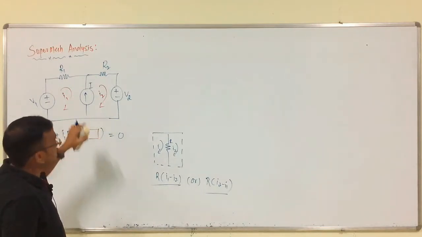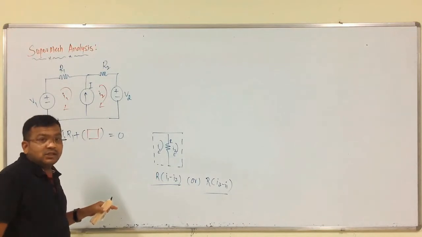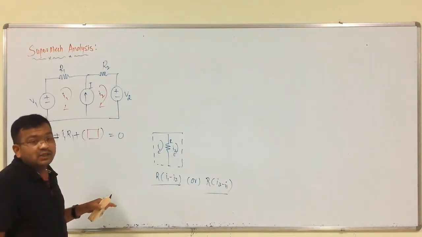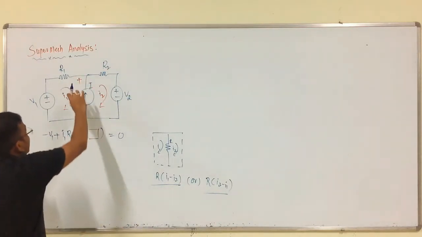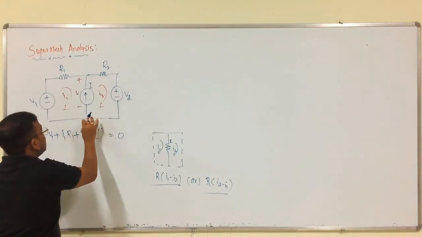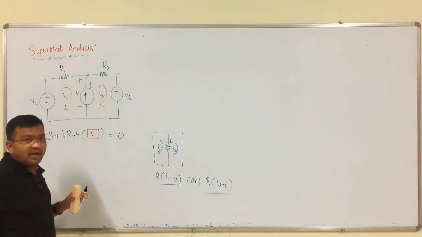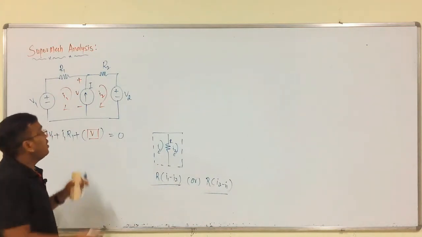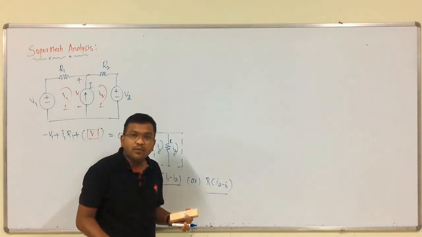Because there is no resistive branch, we have only a current source, but across a current source we do not know the exact voltage drop. If we knew the voltage drop across this current source, we could write that voltage drop, right, but we do not know the exact voltage drop across a current source well in advance. Then how can we proceed?